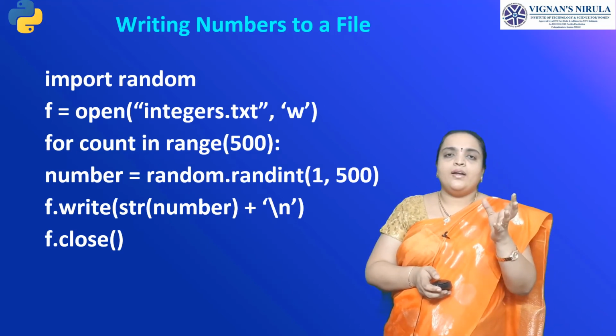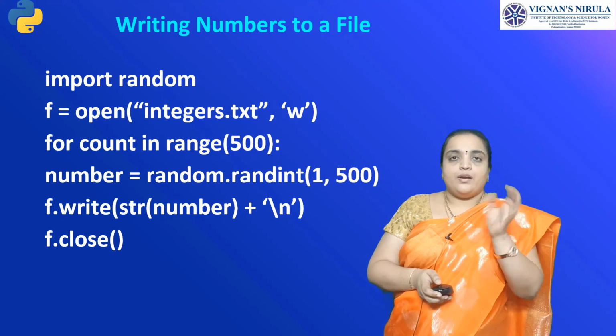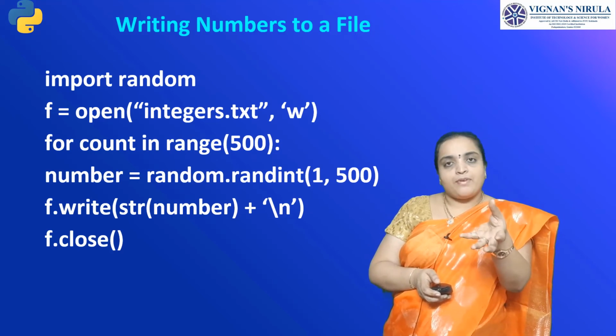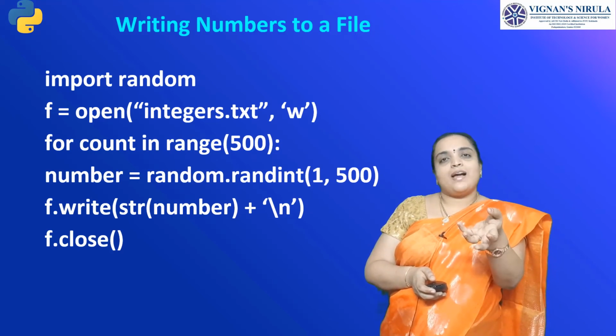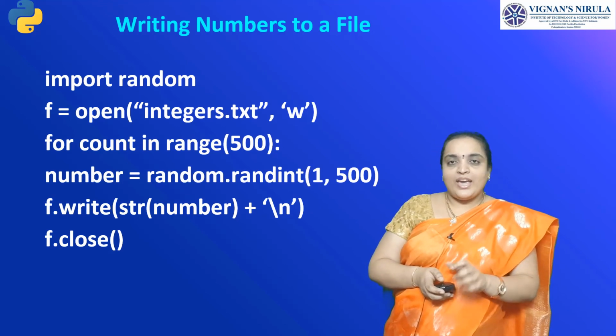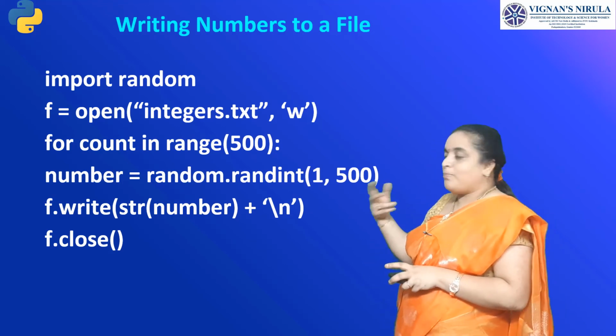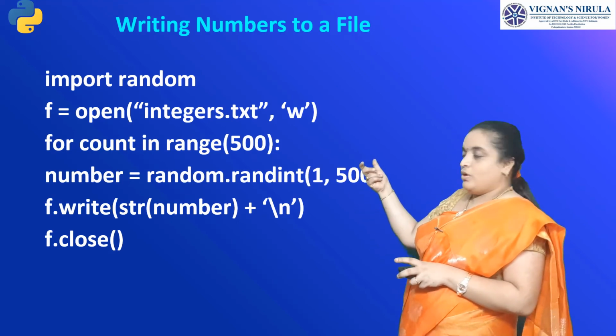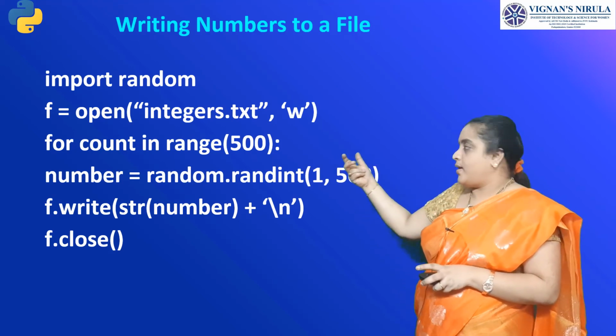Then writing numbers to a file. Here you have written data to your file. Now let us write numbers to a file. To write numbers to a file, we are using a small concept called random numbers. These random numbers are generated by using the random module, so you have to import random.